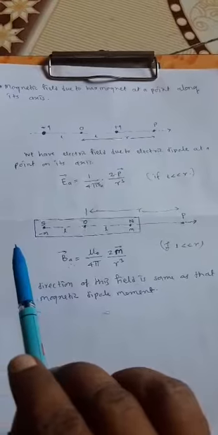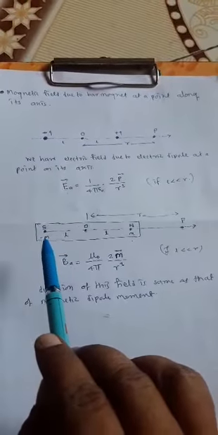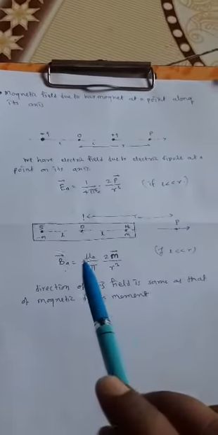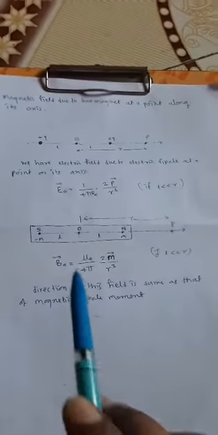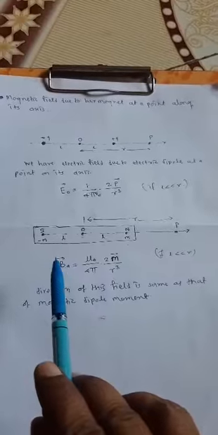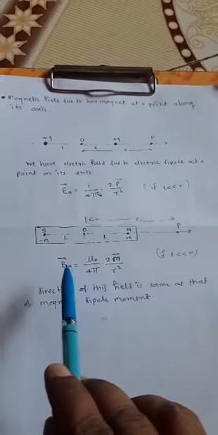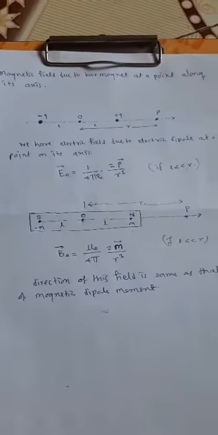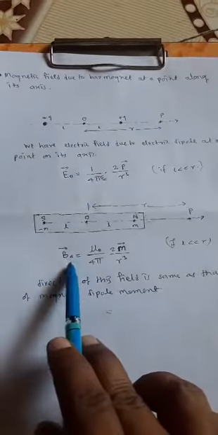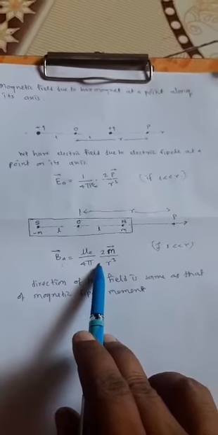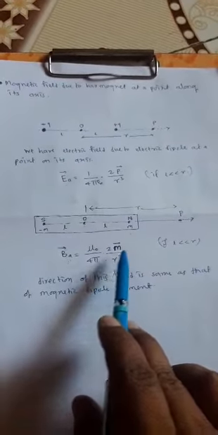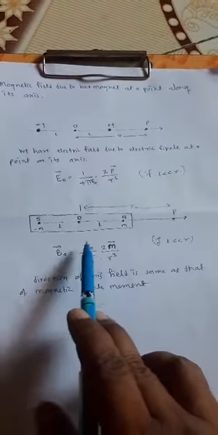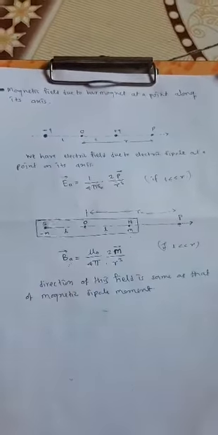We know that the direction of magnetic dipole moment is from south pole to north pole, and in this case the direction of magnetic field is the same as that of the magnetic dipole moment. And this is the expression for magnetic field due to a bar magnet at a point which is situated on the axis: B_A = μ₀/4π × 2M/r³.